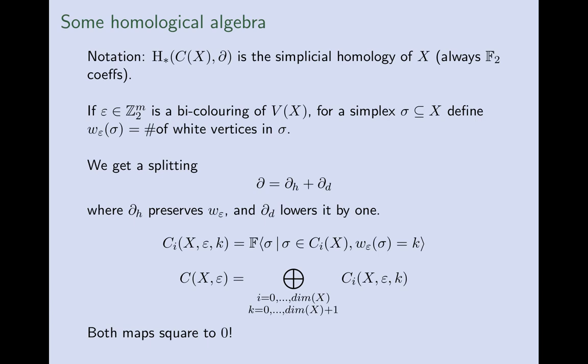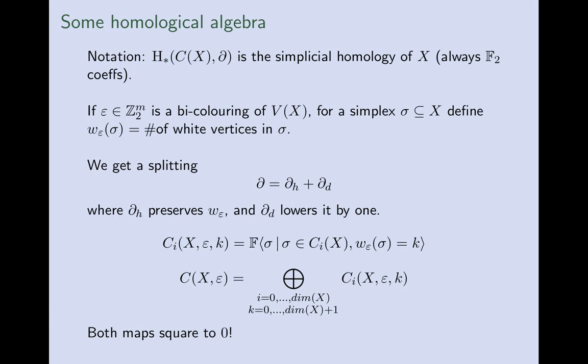If the simplex does not contain at least 2 black vertices, then the square of the horizontal boundary is automatically 0, since recall that the horizontal one is obtained by removing black vertices. So if there are less than 2, you cannot remove 2.